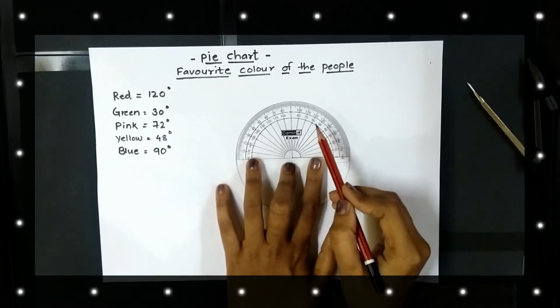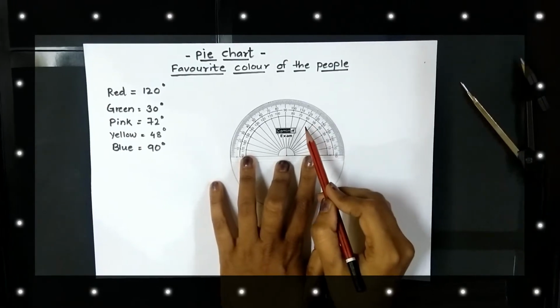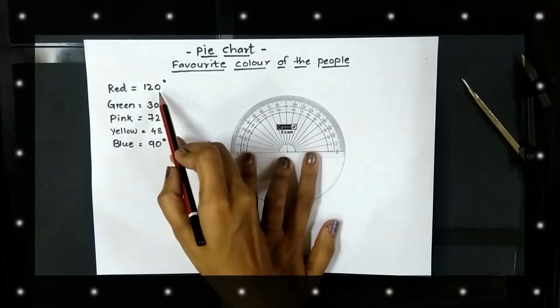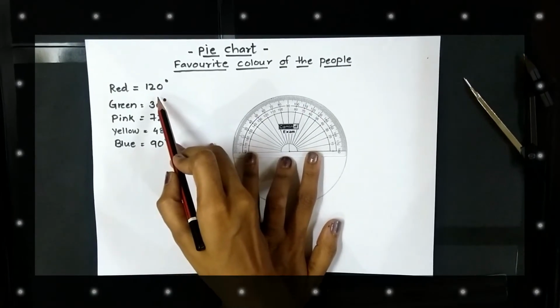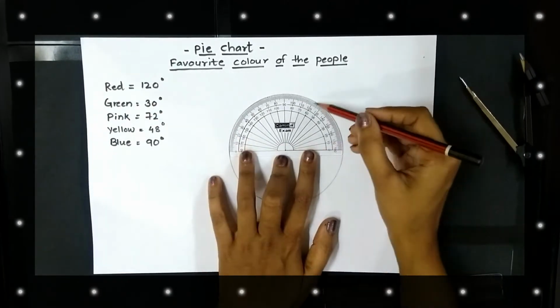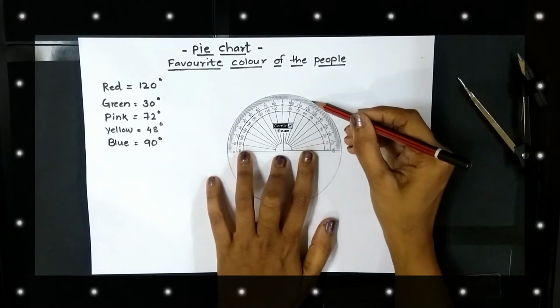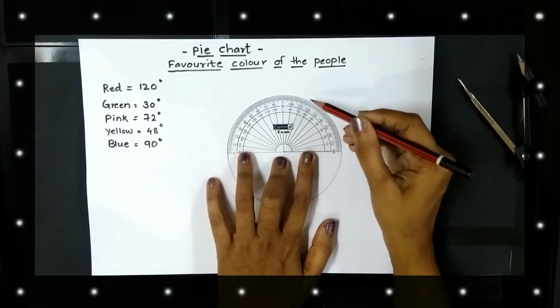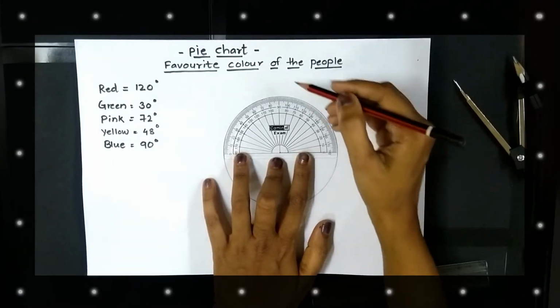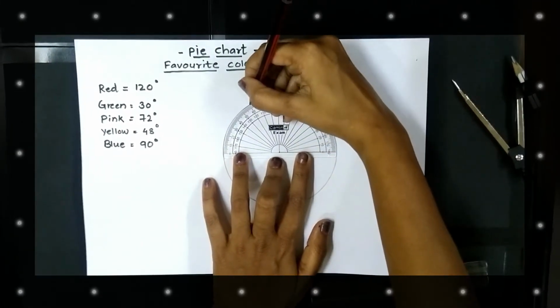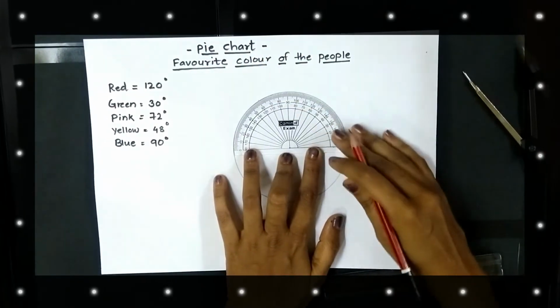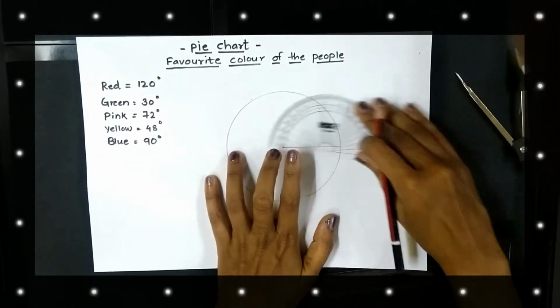You have to think carefully and select the angle of appropriate measurement. 120 degrees is an obtuse angle. If I select this 120 degrees, I'm going to construct an acute angle, which is not correct. So I have to select this 120 degrees so that the angle I make is an obtuse angle.